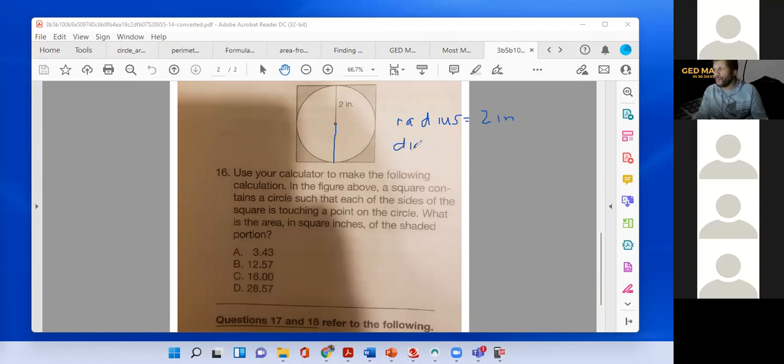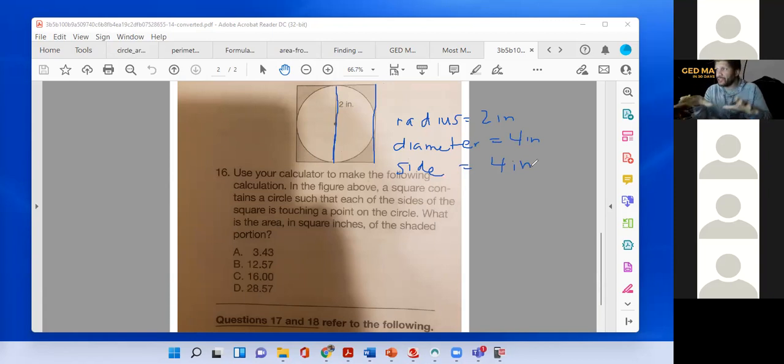Yes. What will my diameter be? 4. What you also should notice by figuring out the diameter from here to here, you also find the side of the square. So the side of the square is also what? 4. Does everybody understand that?